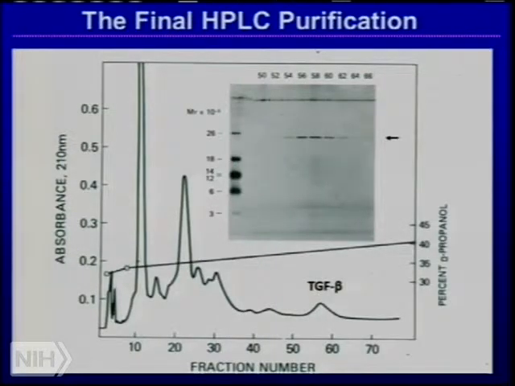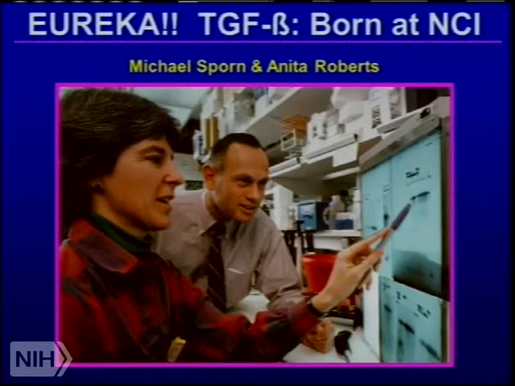So this slide shows a typical final HPLC purification of TGF-beta protein. And it shows that there is one band migrating at about 25,000 molecular weight, a single band on a polyacrylamide gel. And Drs.